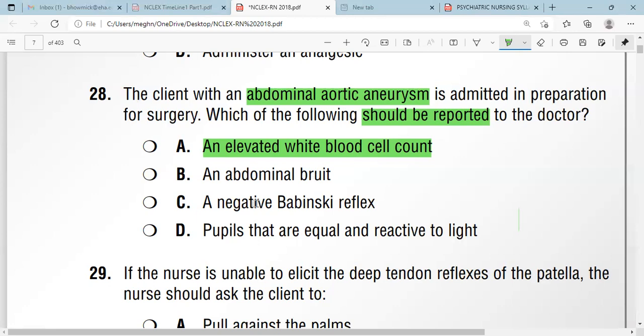And a negative Babinski reflex is normal in an adult. Also, pupils that are equal and reactive to light and accommodation. So nothing abnormal. So answers B, C and D are incorrect.